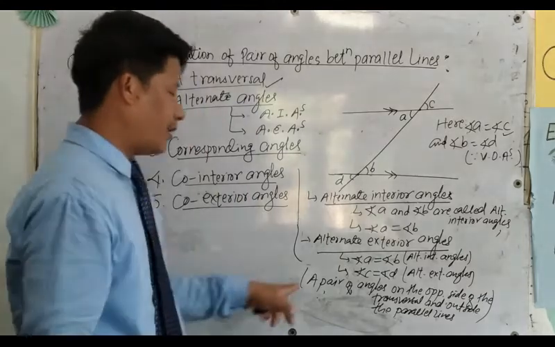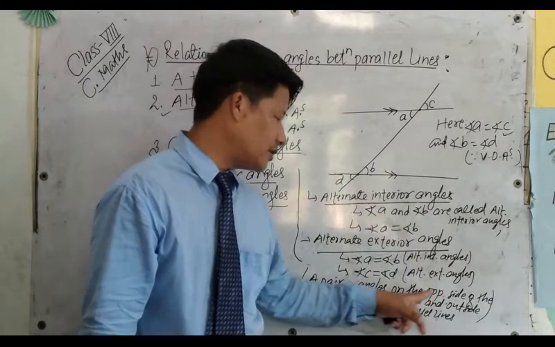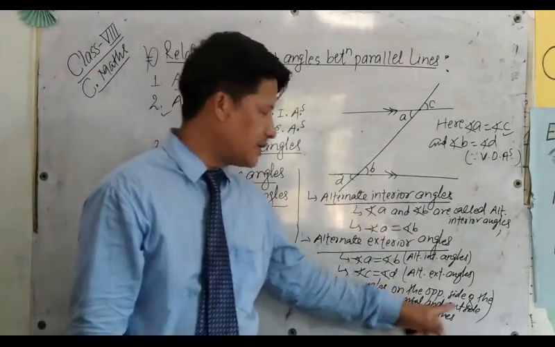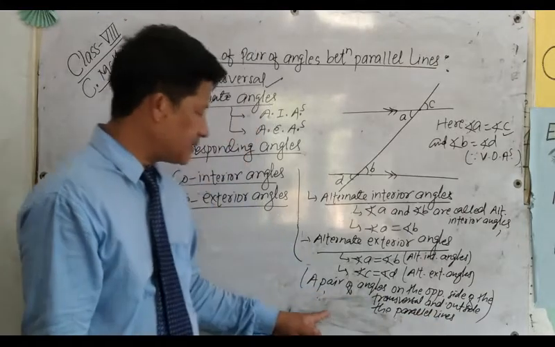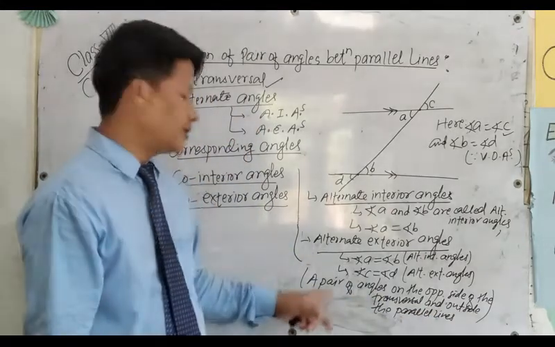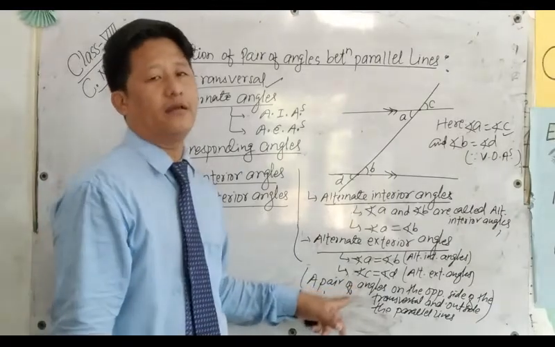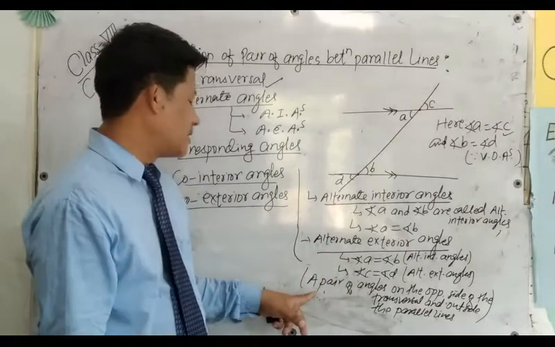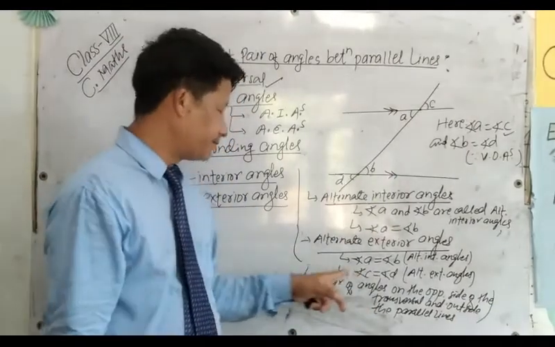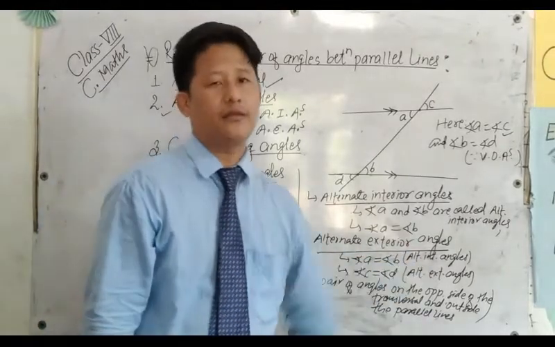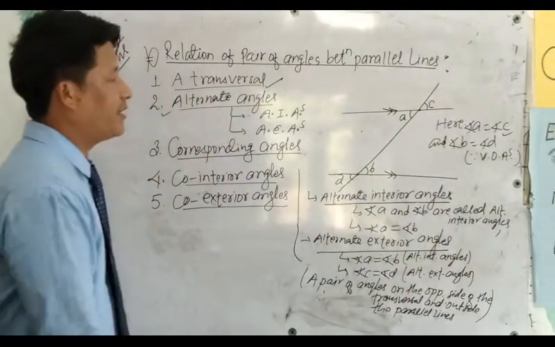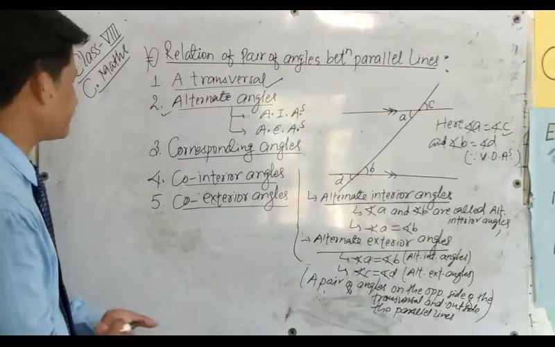Such a pair of angles are called alternate exterior angles. So in this way you can define alternate exterior angles.